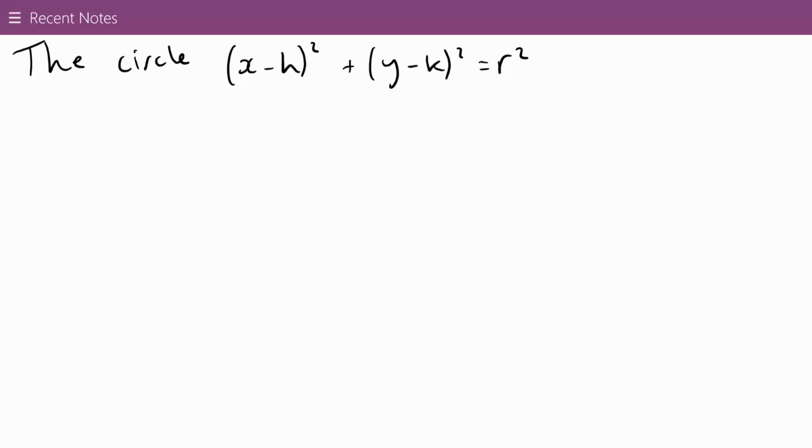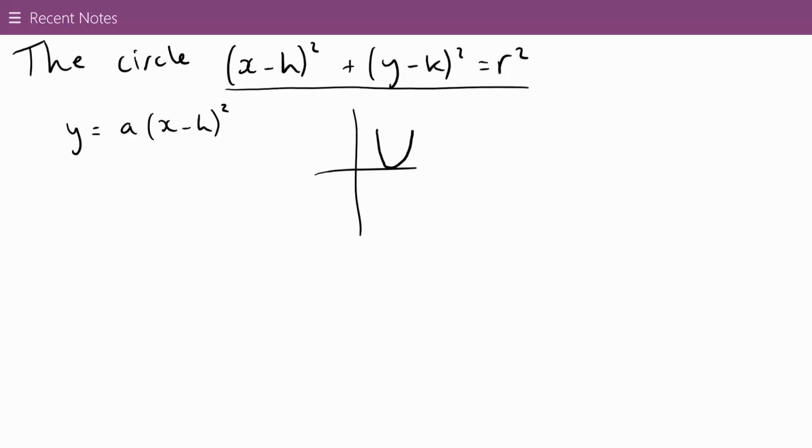In other videos, we've looked at the parabola y equals a(x minus h) squared. And what did this do? This moved the parabola across the x-axis. Something similar is going to happen when we are in this form. It's not going to be at the center. The origin is not the center for a circle in this form.